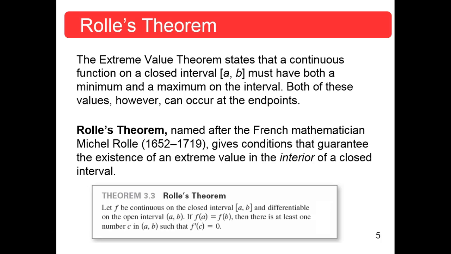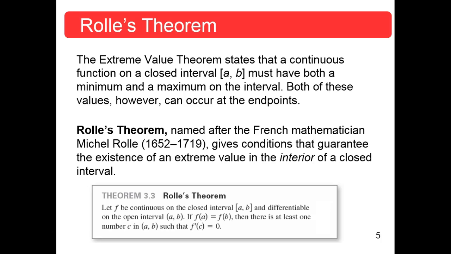Remember, f is continuous and differentiable. To be differentiable, that means it's got to be smooth. So if it's smooth, then if f of a is equal to f of b, there's at least one number c somewhere in between those two where the first derivative is 0.